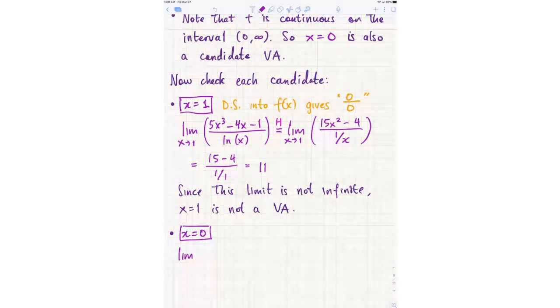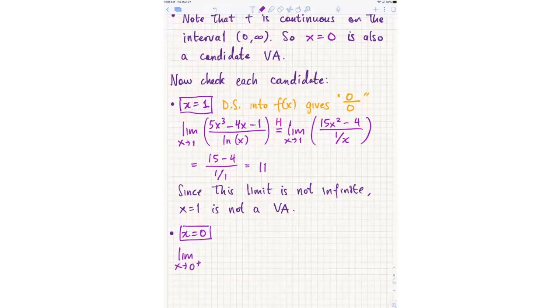Let's do the limit as x approaches 0. Technically, we have to say from the right because the domain of the function is just 0 to infinity. There's no numbers to the left of 0 in the domain. So let's be a little bit careful about that. It won't really affect how we calculate this limit.